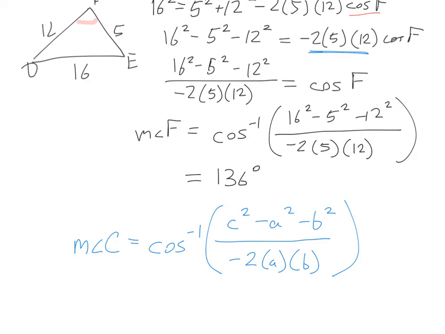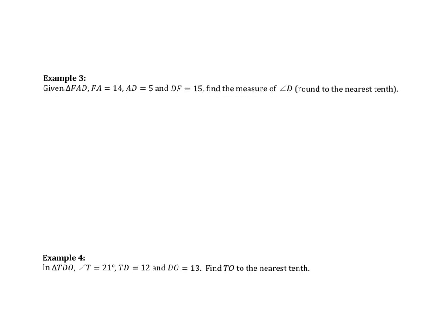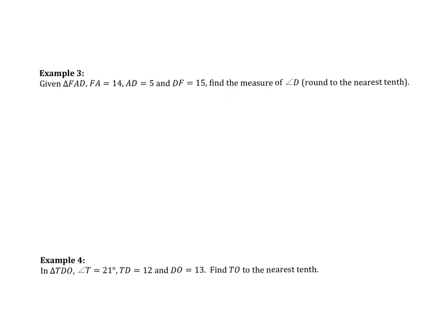So on this next page, same sort of problem. We have triangle FAD. It looks like DF is the largest side. So this is 15.